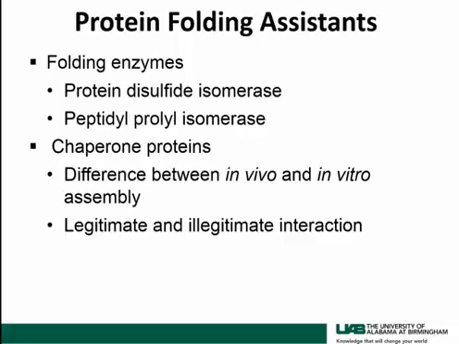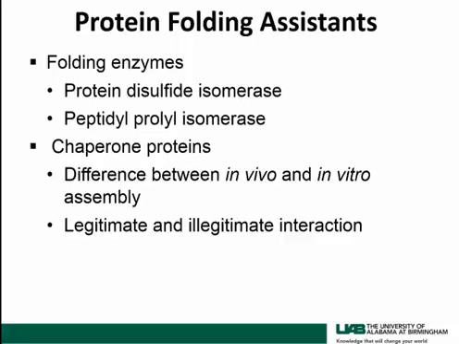This isomerase makes sure that whatever it calls for, whether it be trans, which is most of the proline residues in a protein, or a few of them which have cis, that it is the right conformation, either cis or trans. And then you have other chaperone proteins, a number of chaperone proteins.